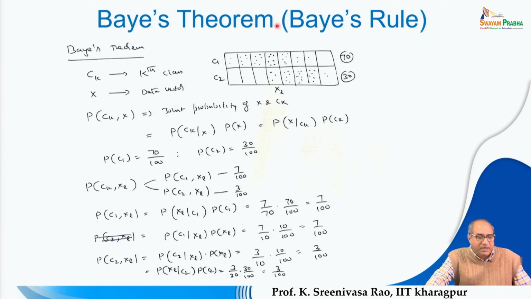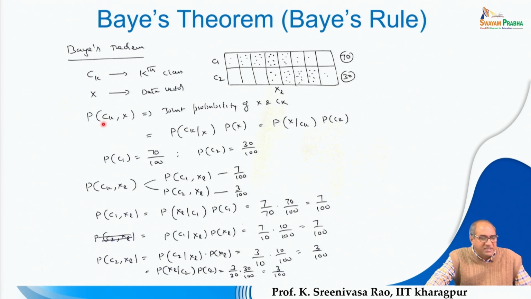We are using Bayes theorem, and I am introducing some basic probability definitions which we have come across already. Here you see the probability of Ck comma x; this is the joint probability of x and Ck, right.